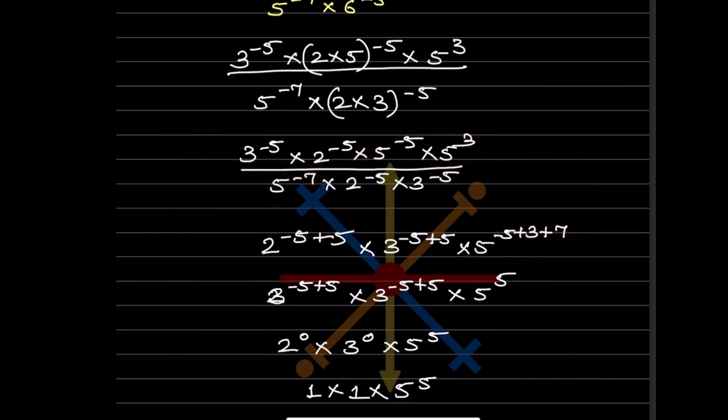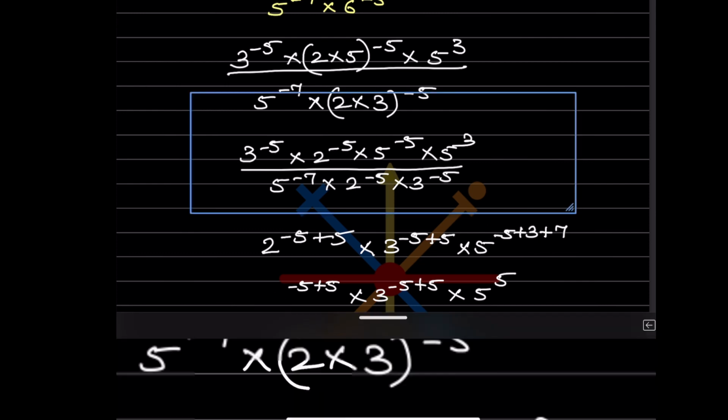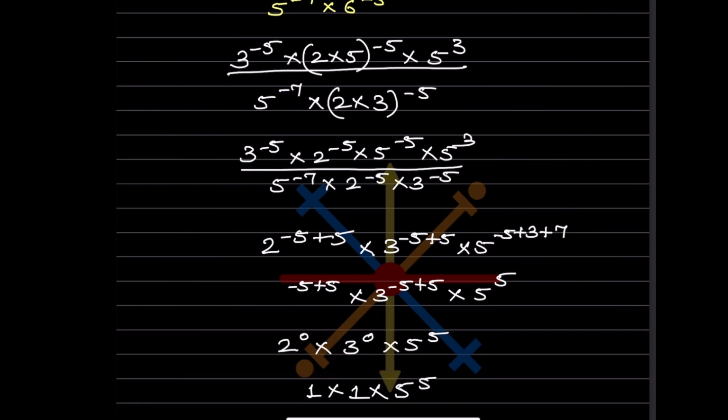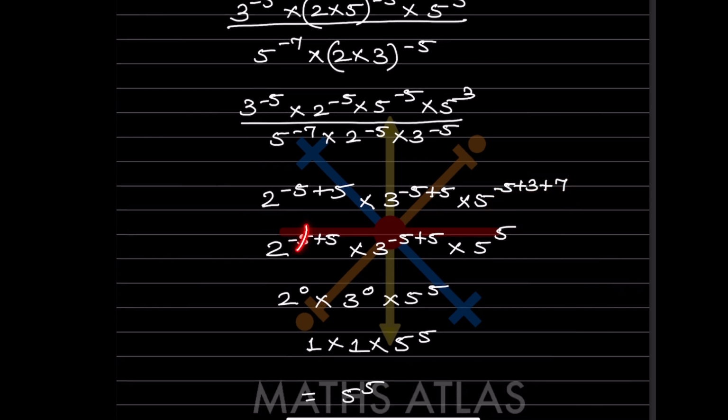So now here we can write, this is true. Minus 5 plus 5 as it is. This as it is. But now let us solve this first. So that is going to be 5 raised to, when you solve this one, you get 5. So now you can cancel out this one.